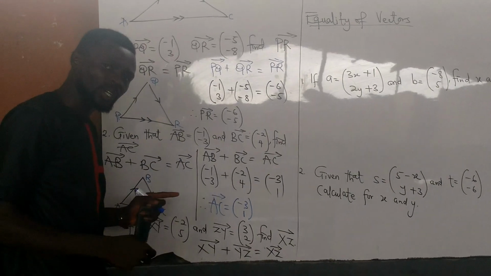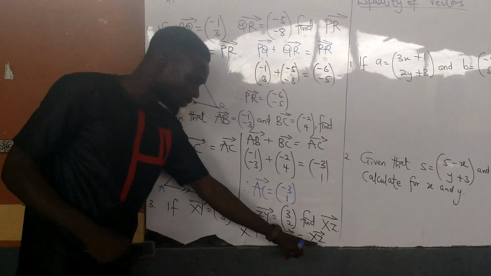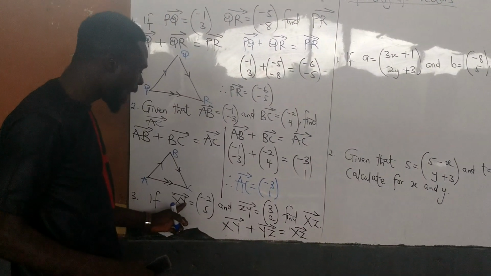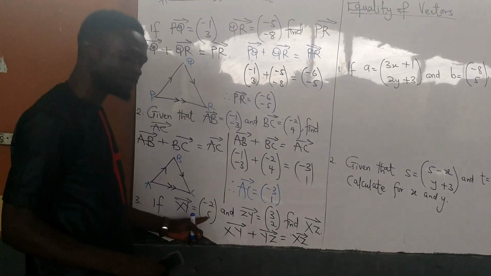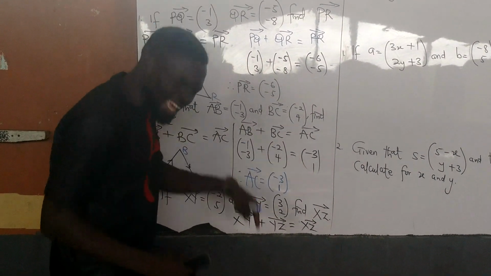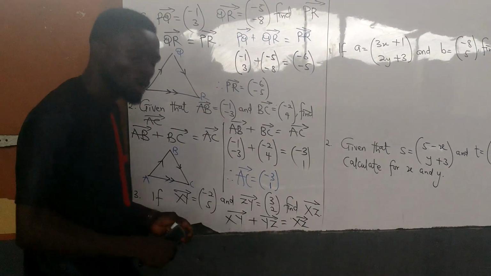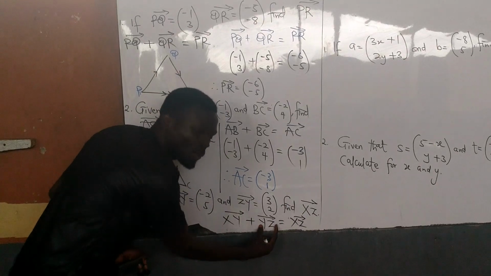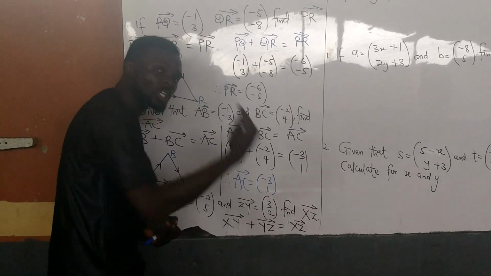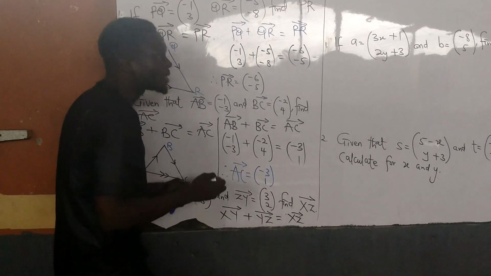Now let's look at the question and see if we have this vector. We are finding this. So from the question, we have XY as negative 2, 5. But here we have ZY instead of YZ. So we are going to find vector YZ using the negative vector or the inverse vector. So let's calculate vector YZ.